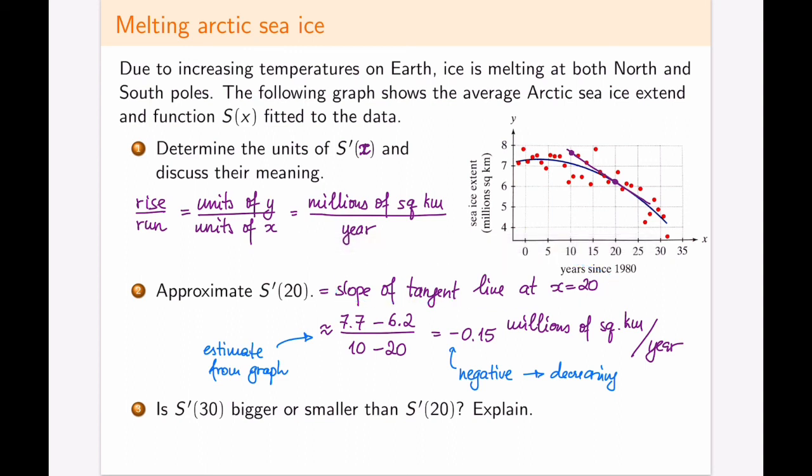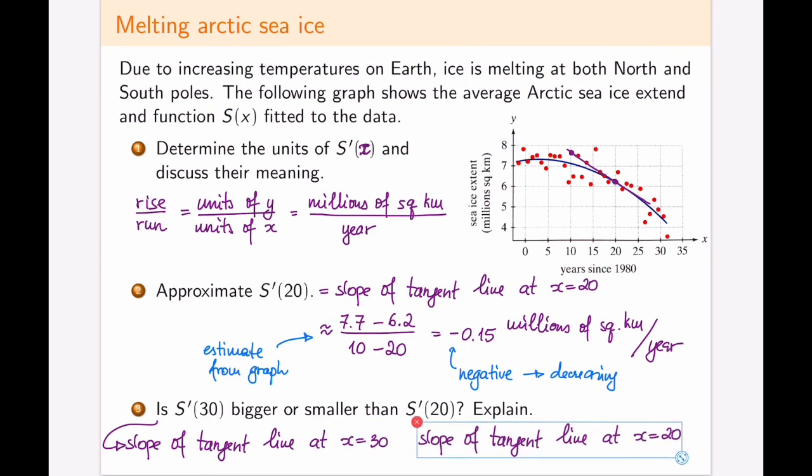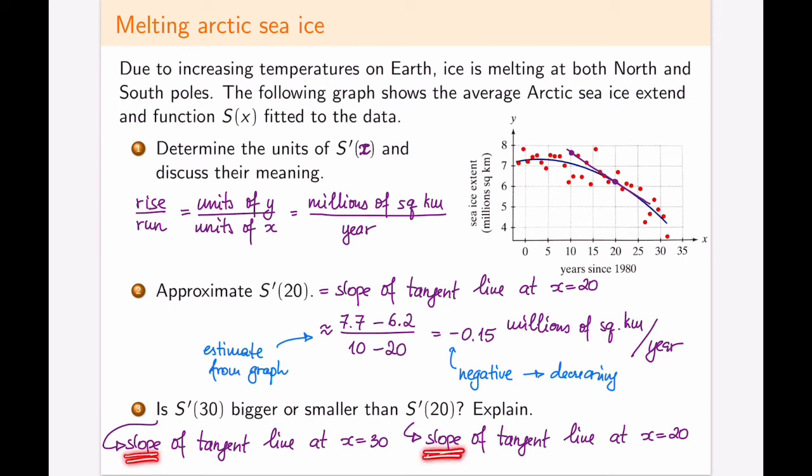So what I have here is the derivative at 30 is the slope of the tangent line at 30. And the derivative at 20 is the slope of the tangent line at 20. So the question is, which of these slopes is bigger?